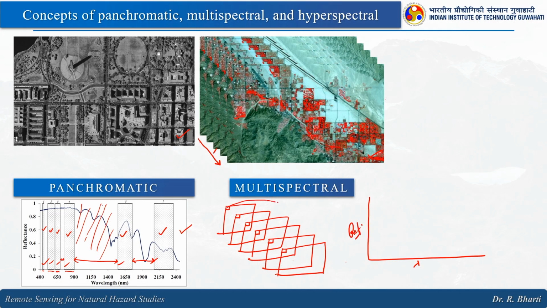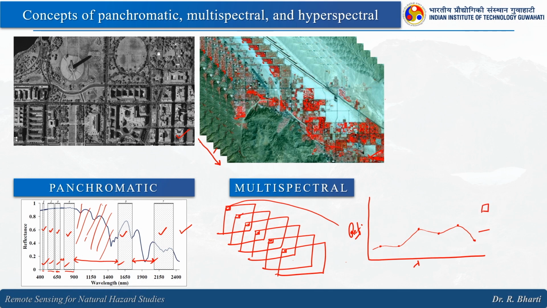The first value goes here, the second maybe here, the third here, the fourth here, the fifth here and the sixth here. Once we have this, we can have this kind of plot, which represents the characteristic of the material or the object or whatever area is captured within this field of view, one pixel size.